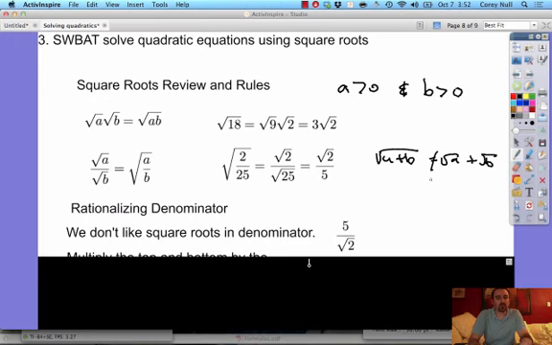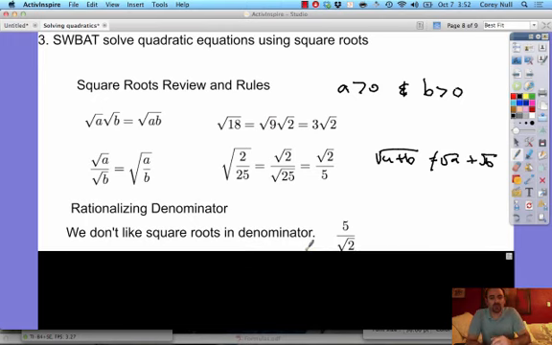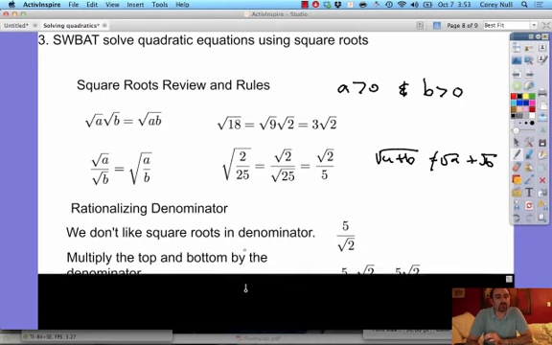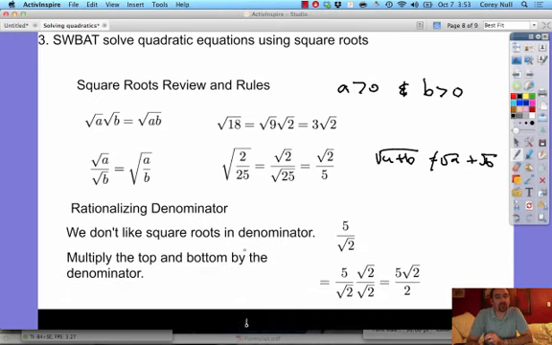Okay. Quick review that in mathematics we don't like square roots in the denominator. So we rationalize the denominator. All it means is we get square roots out of the denominator. And most of the time that means we multiply the numerator and the denominator by that problem square root. And what that does is makes the denominator the same as it was before without the square root though, and puts a copy of the square root in the numerator.